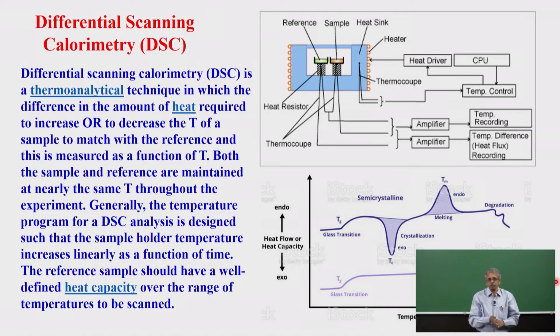That is what the principle basically is. So, that difference in delta H that you are measuring is what you will look at in the case of differential scanning calorimetry, which is also popularly known as the DSC technique.